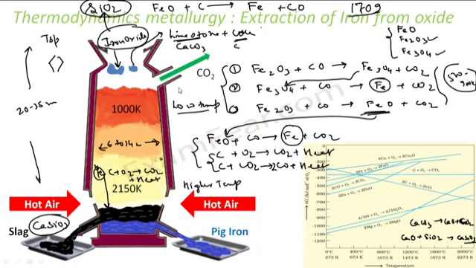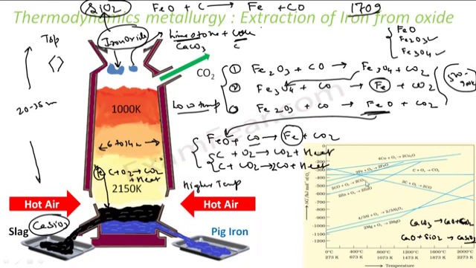Now, here we are applying the thermodynamics principle. Why? Because these two reactions happen at two different temperatures. If you talk about the FeO and carbon monoxide reaction, in this Ellingham diagram, this is my FeO line, and this is my carbon to carbon monoxide line.